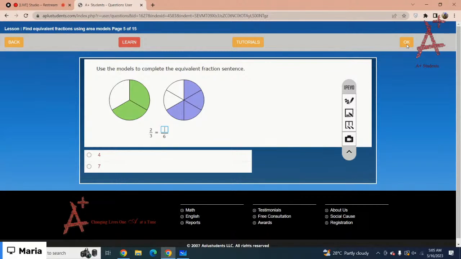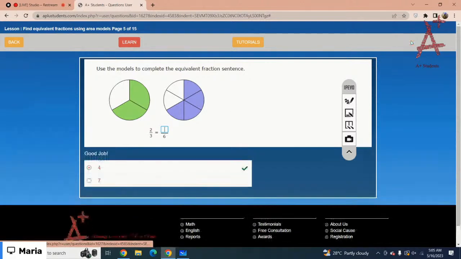It would be 4 out of 6 because you can see the total portions are 6 and 4 of them are colored. It would be 4 out of 6.